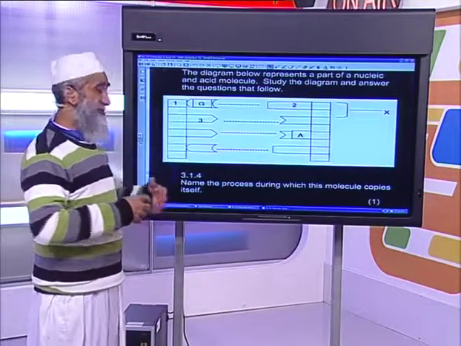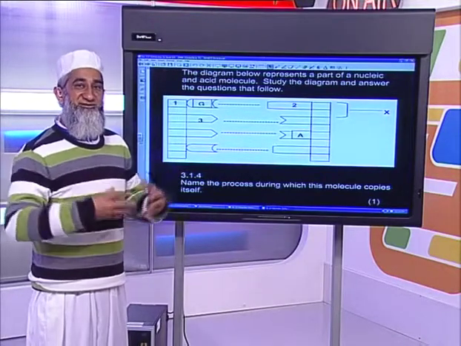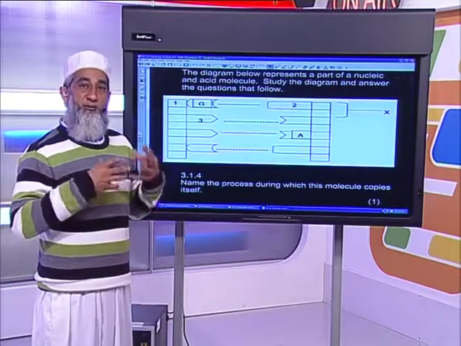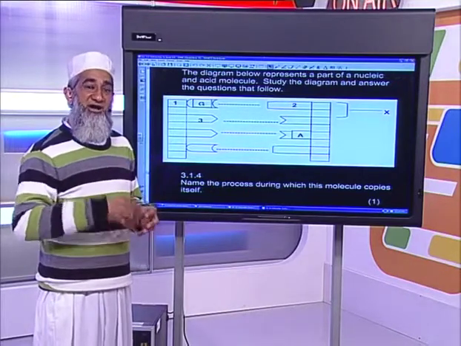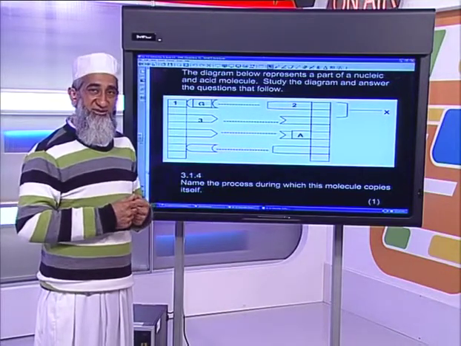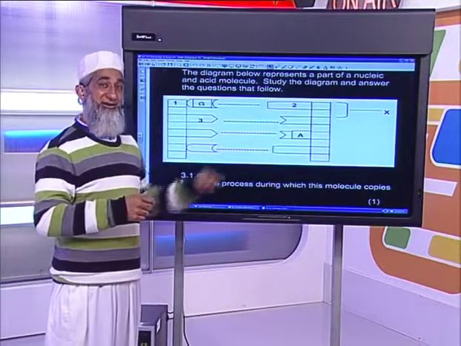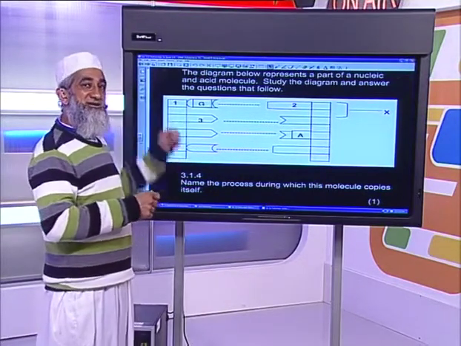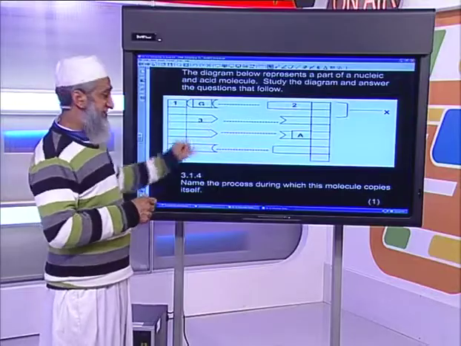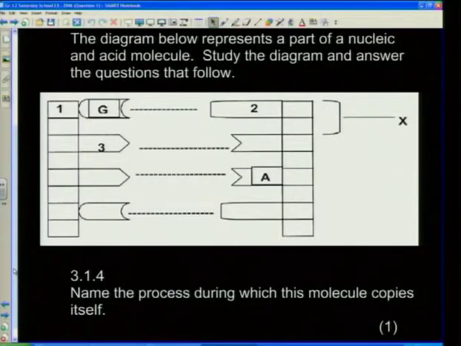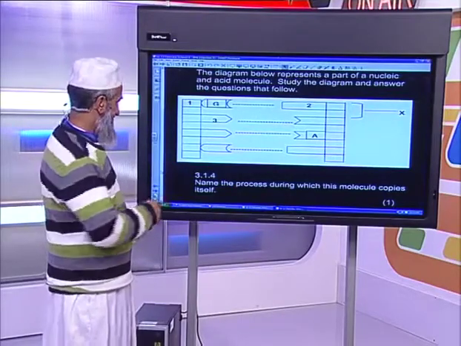Or what is the process called? Obviously, the only molecule that copies itself is DNA. RNA does not make a copy of itself. RNA gets a copy from DNA. So obviously this molecule then is DNA, and the answer here, name the process during which this molecule makes a copy, would obviously be DNA replication.